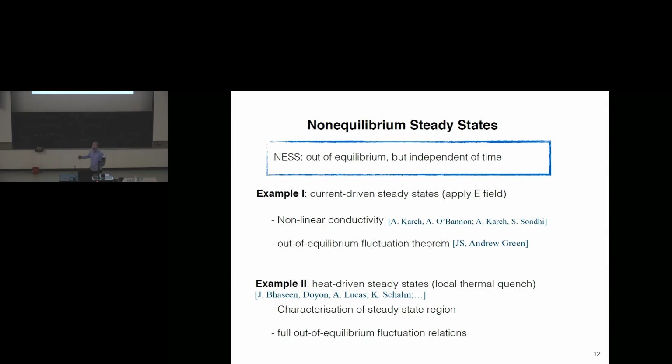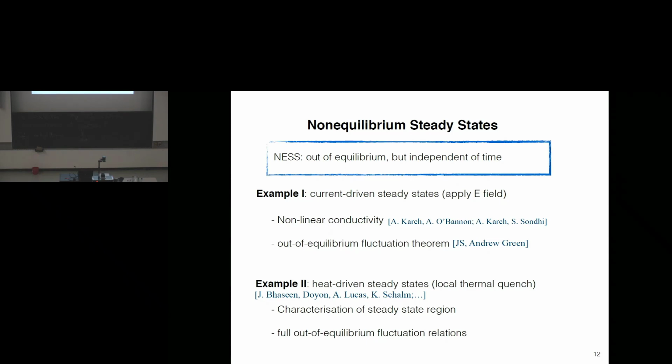So here I have two examples which focus on studies motivated by condensed matter physics, but there are also other examples in the literature. The first example that I'd like to highlight is a current-driven steady state, where you apply an electric field, and you can apply a very strong electric field. The sort of quantities that you might want to study are things like nonlinear conductivity, which was studied by these authors, two of whom are in the audience.